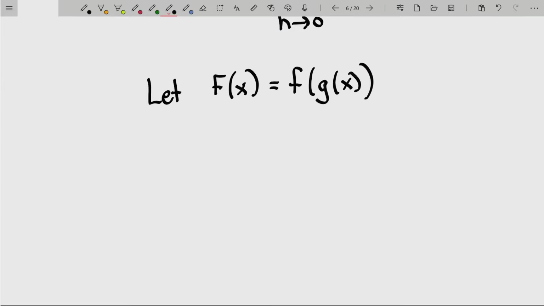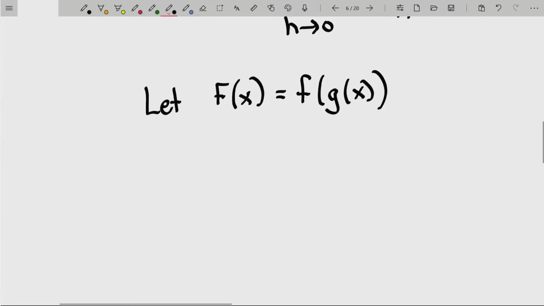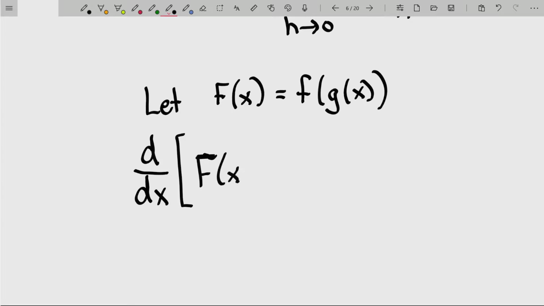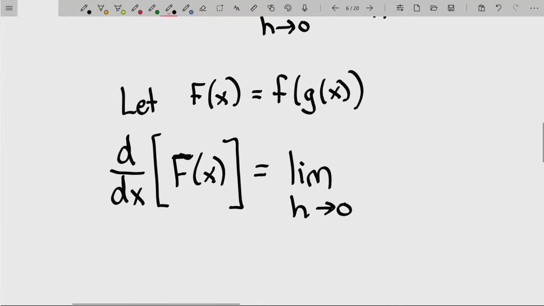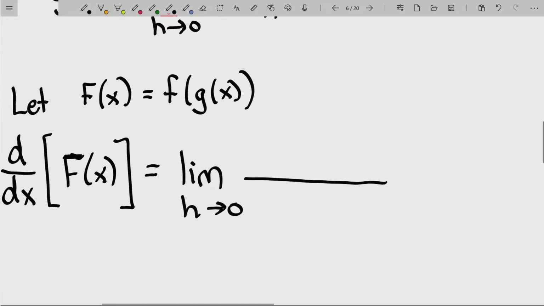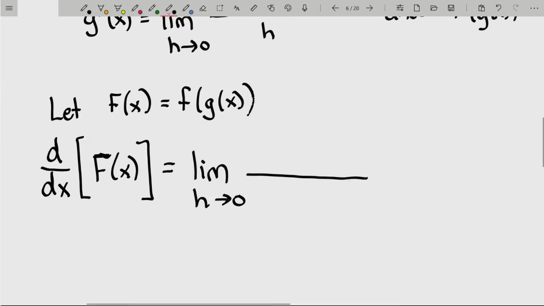We're going to let capital F of x just be the composition, and we're looking for the derivative with respect to x of that capital F of x. And we know by definition that's going to be the limit as h heads to 0 of the fraction capital F at x plus h minus capital F at x all over h.